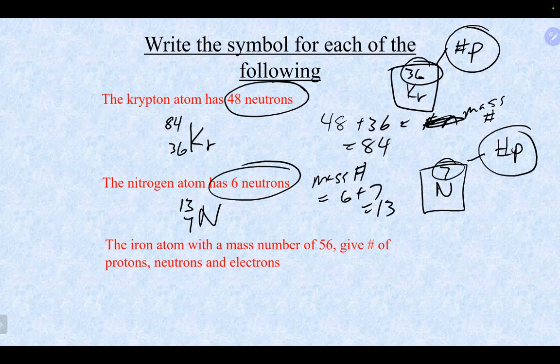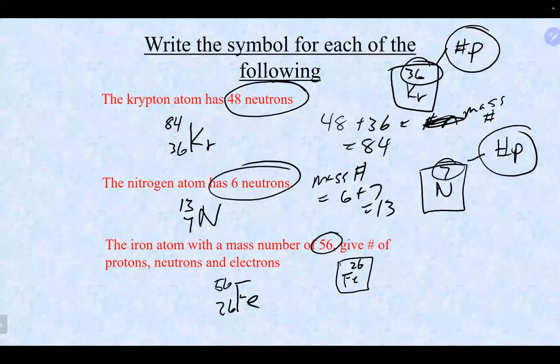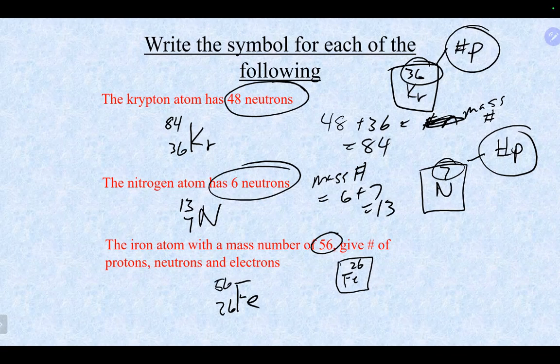Lastly, here we have iron that has a mass number of 56. And we also want to give the protons, electrons, and neutrons. So iron is Fe. Once again, if we go to periodic table, we will see 26 there above iron. That would be our atomic number. Would go bottom left. In this case, they actually gave us the mass number, which would go up on top, which would be 56.